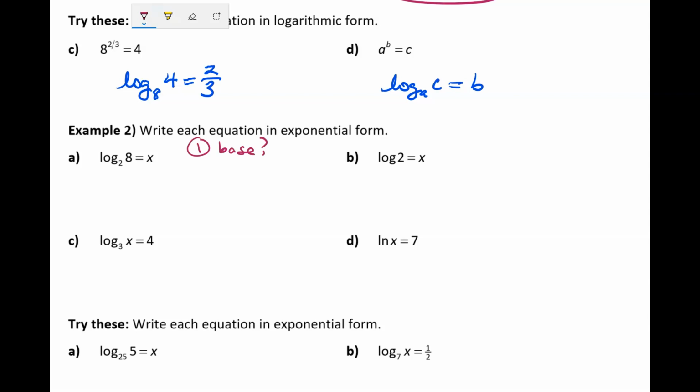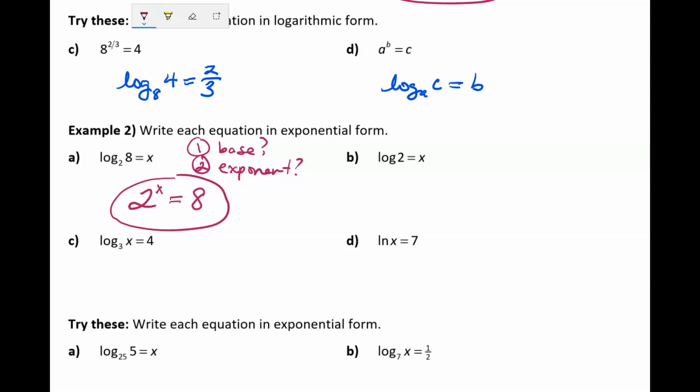So we know that this is log base 2 of 8, so I'll write 2 as the base. Next question, what is the exponent? Well, I know that a logarithm equals an exponent, so what's on the opposite side from the logarithm equals the exponent. So x must be the exponent, so 2 raised to the x power has to equal 8 is the exponential form of that equation.